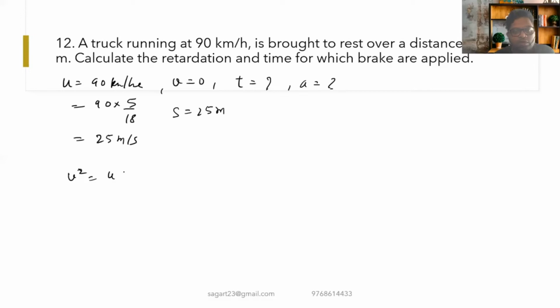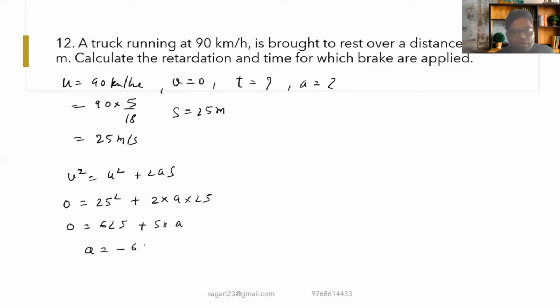So v square is equal to u square plus 2as. So this is 0. This is 25 square plus 2 into a into 25. So 0 is equal to 625 plus 50a.